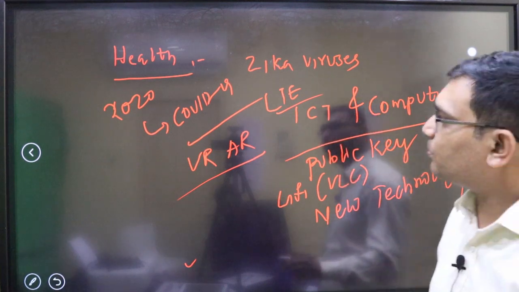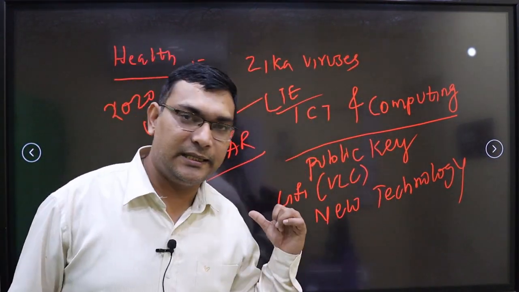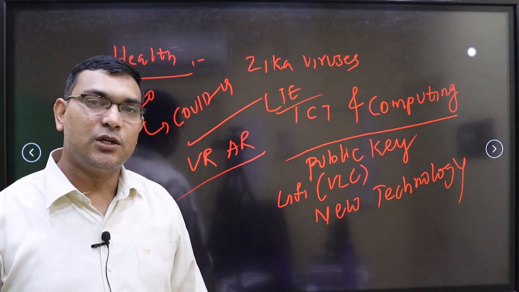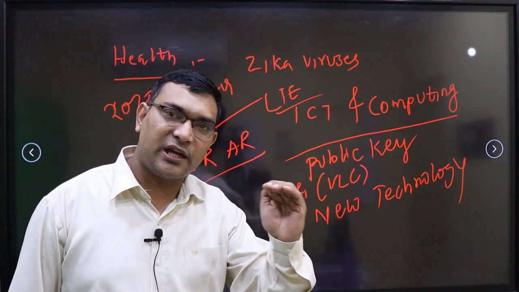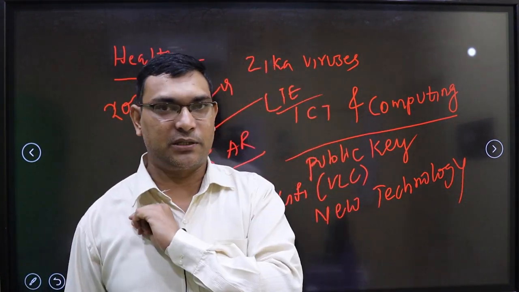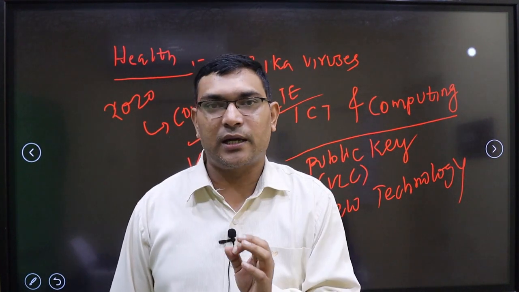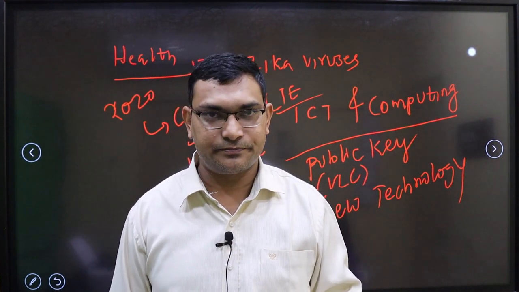So these are the topics we are going to deal with in this academy. We are going to cover each and every topic from the mains perspective and the prelims perspective, thoroughly, in around 10 to 15 classes.